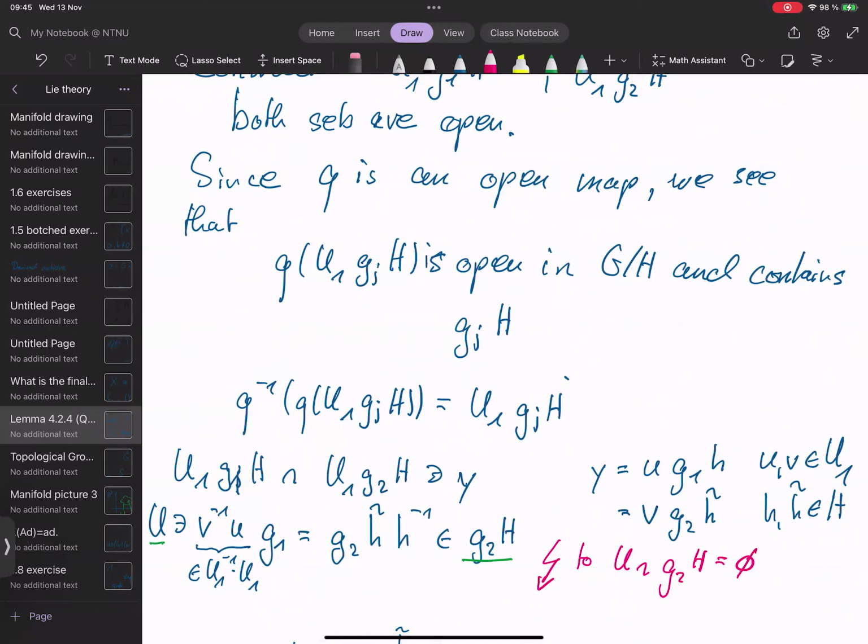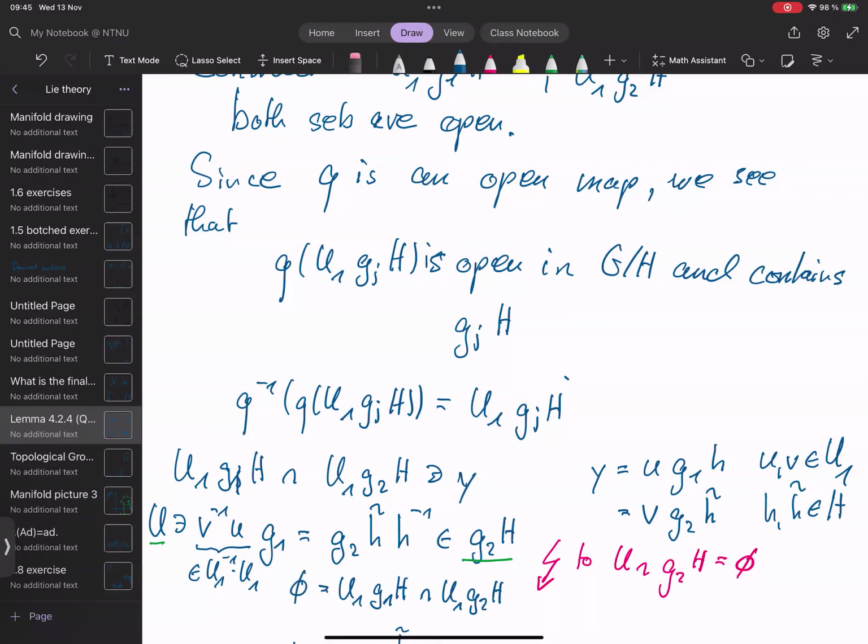Since such a thing does not exist, we see that indeed the intersection of U1 G1 H with U1 G2 H needs to be the empty set.